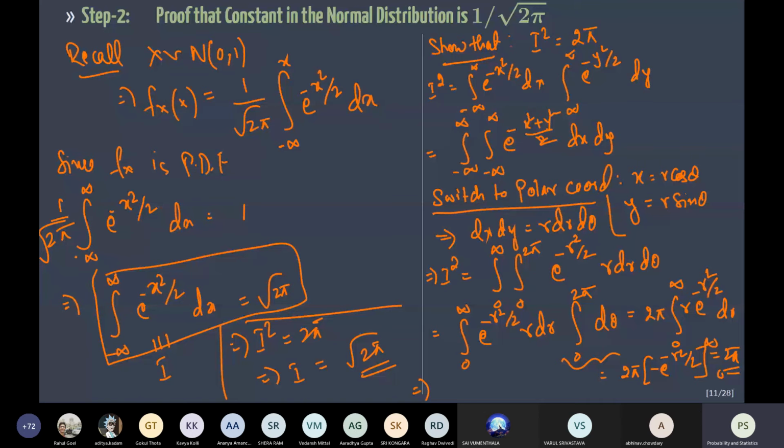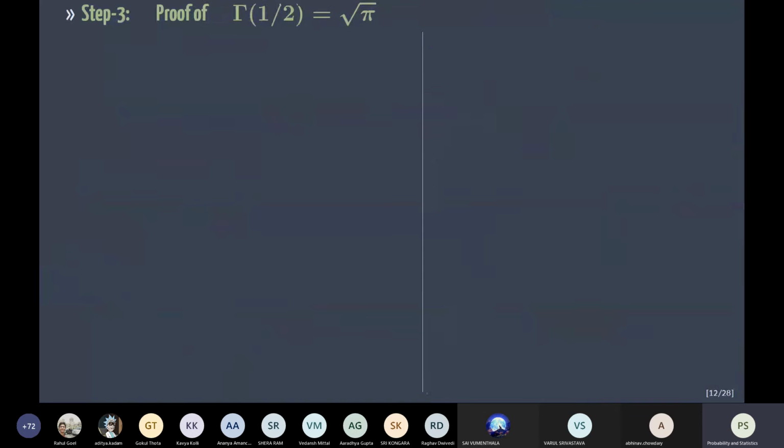Now the next question is gamma of half. Gamma of half must be square root of pi. So let us see what gamma of half is. If I write gamma of half, this is the integral from 0 to infinity of x to the minus half e to the minus x dx.